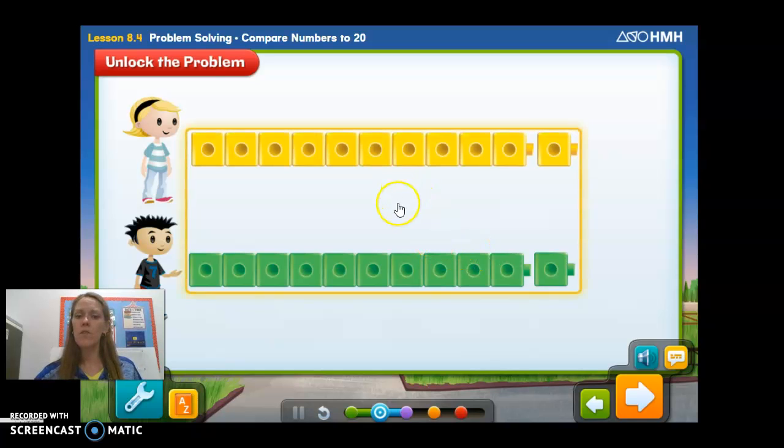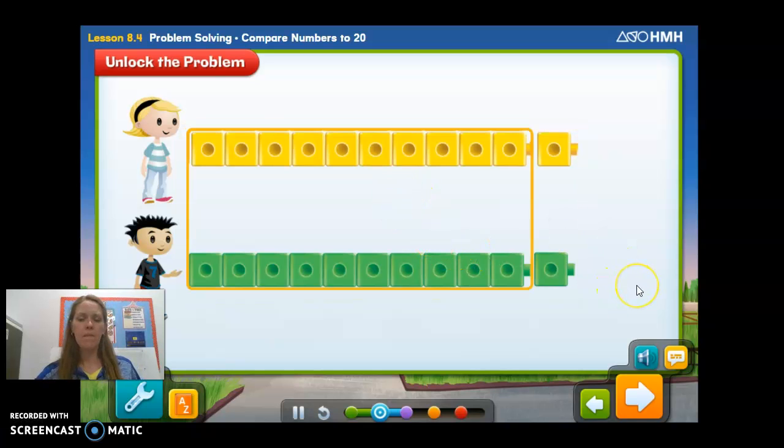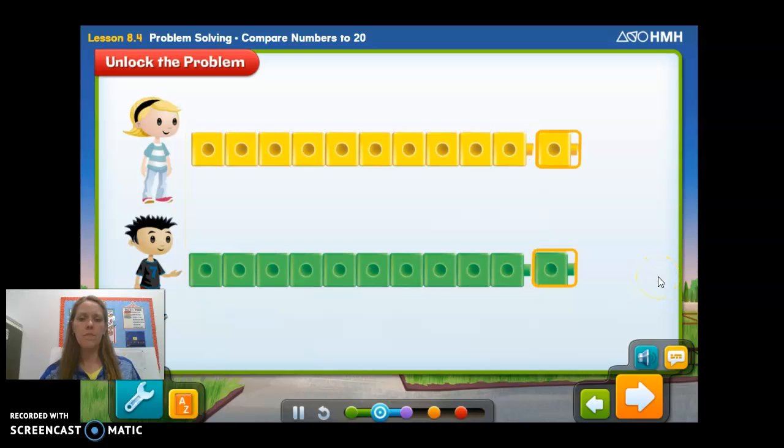Allison and Josh both have a 10-cube train, so we need to compare the ones. Allison has one more yellow cube, and Josh has one more green cube. Who has more cubes? Neither. Allison and Josh have the same number of cubes, 11. Hopefully you said they had the same amount.